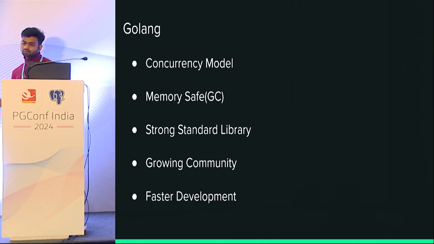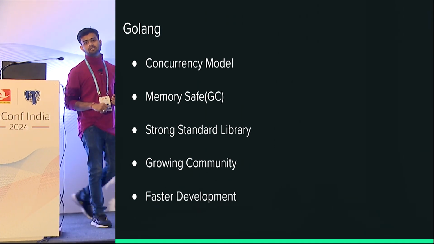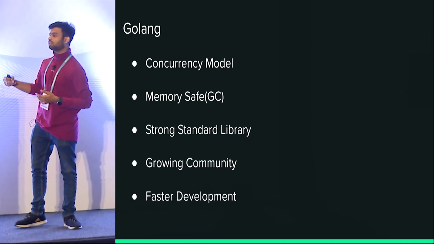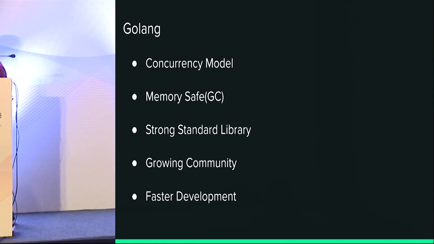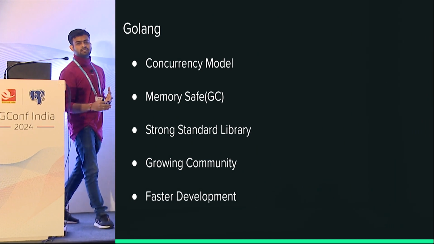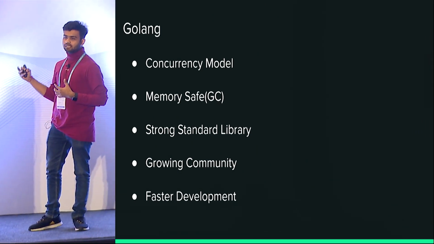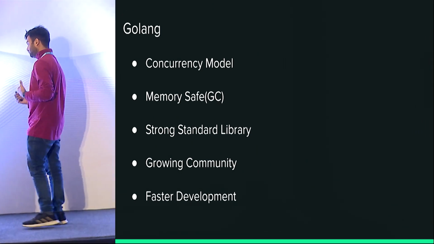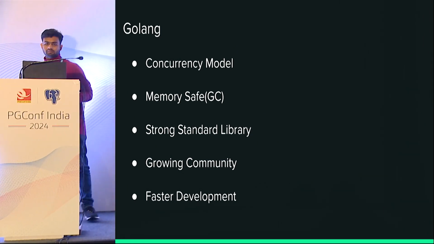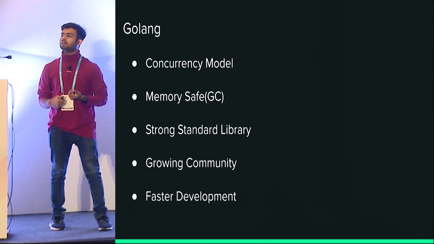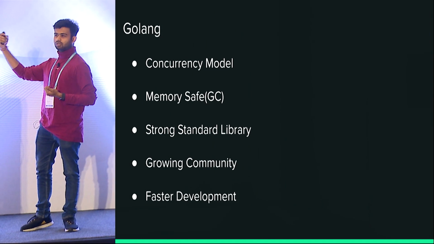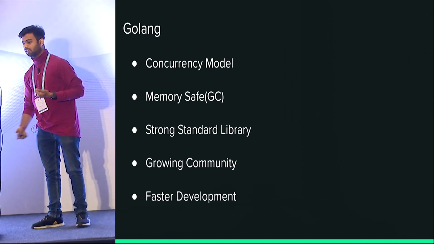One of the main reasons is that development time is much faster in Go, because implementing concurrency is not difficult, as you have very simple syntax for it, and hundreds and thousands of concurrent threads can be executed.